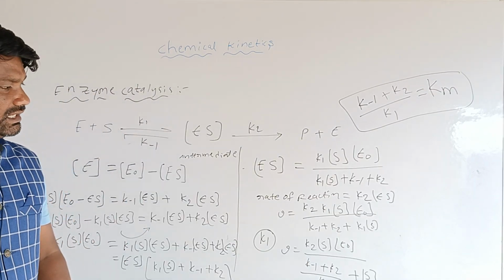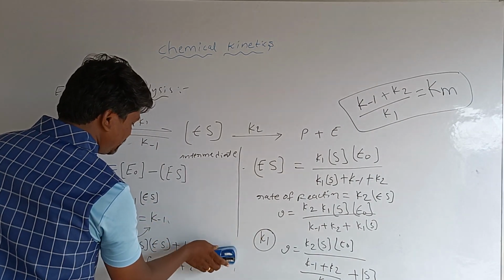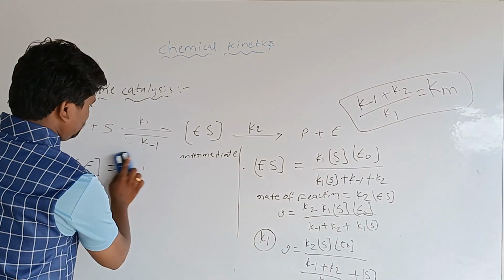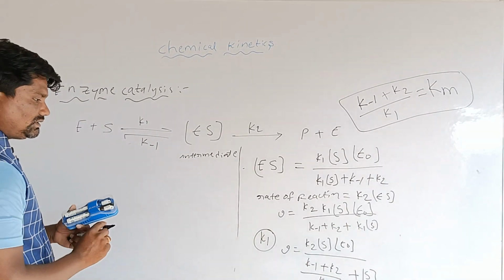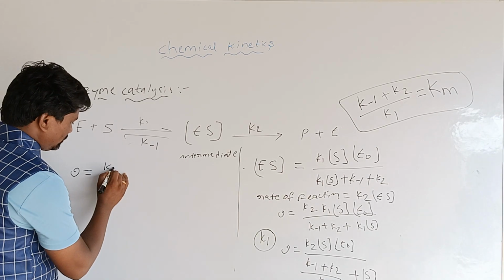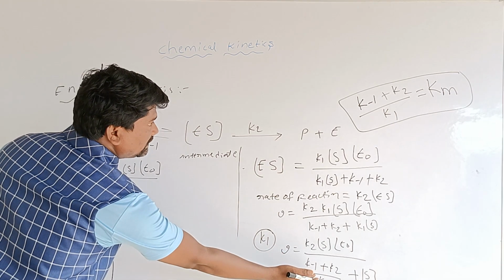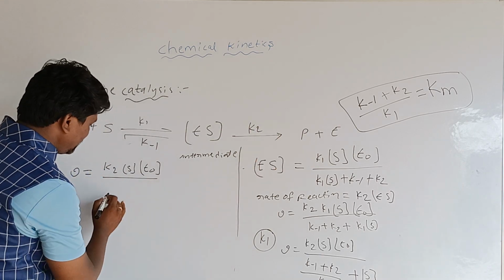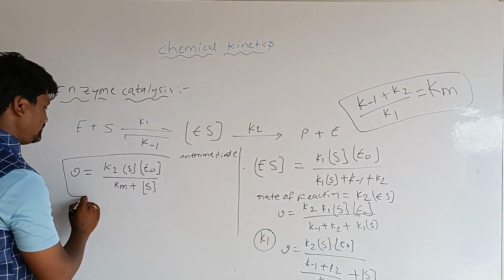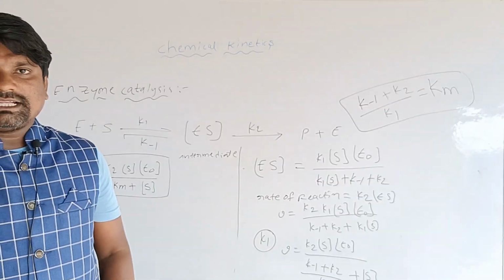Then the final equation of enzyme catalysis, the rate or velocity of the reaction v, is equal to K2 into S into E naught divided by Km plus S, where K inverse plus K2 by K1 is Km.